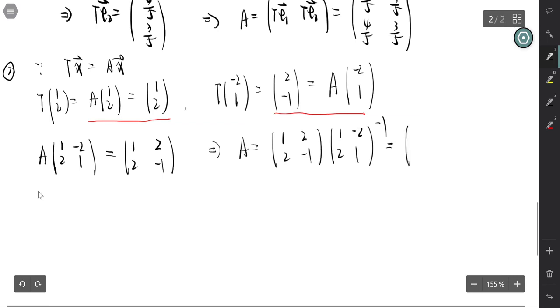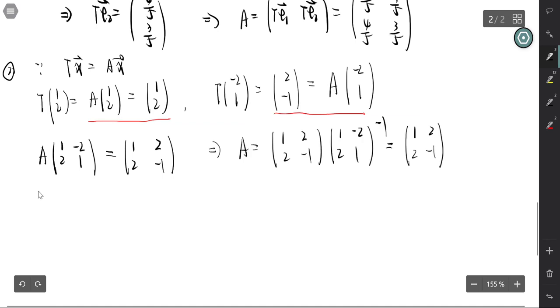The first matrix does not change, and we find the inverse matrix of the second one. The inverse of the matrix with columns (1, 2) and (-2, 1): use the inverse matrix formula of order 2.